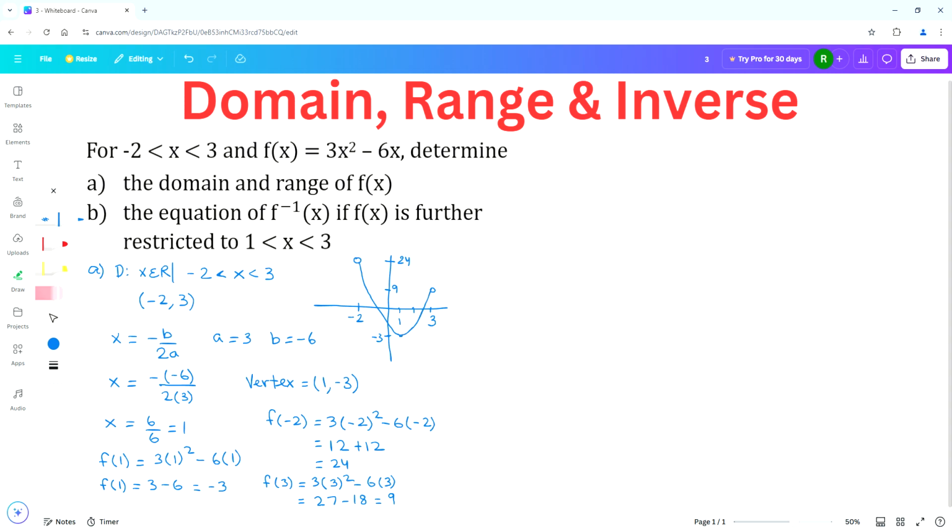As per this sketch, the range of the function is from -3 to 24, but -3 is included in the range and 24 is not included in the range.